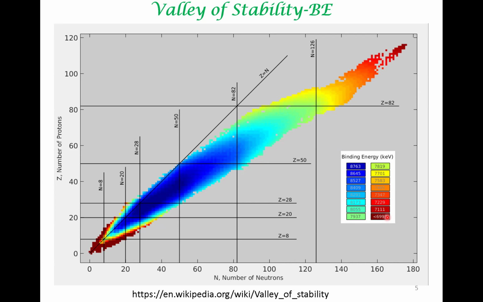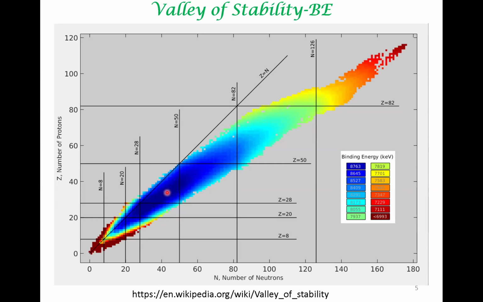So, what are the broad features? The most stable elements are somewhere here. This is called the valley of stability. Then these regions are not that stable anyway, right? Far away from this valley, whether you go to this side or to this side, you are not very stable, and the most stable nuclei are in this region.